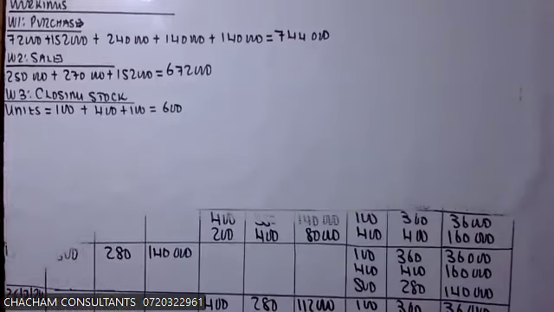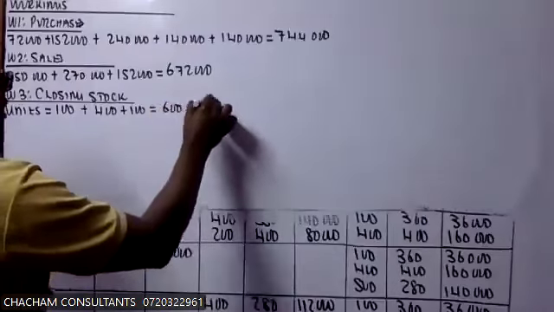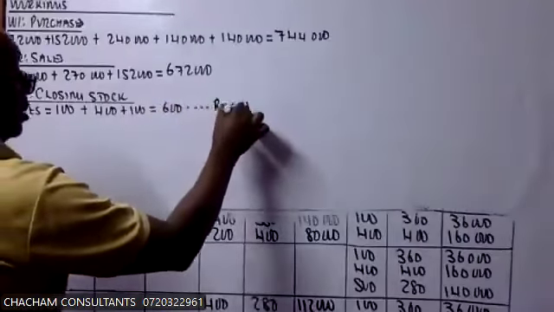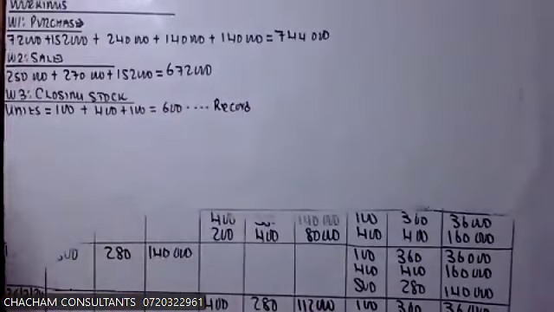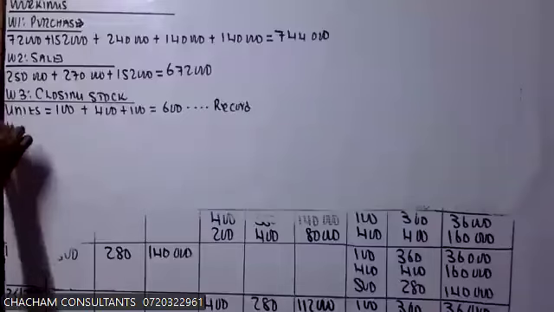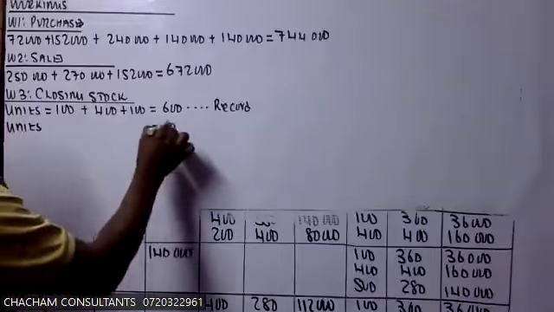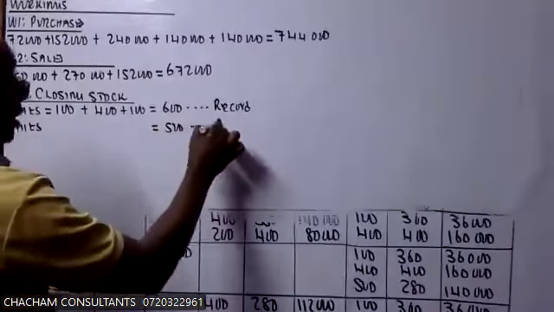So if we were told there were 500, it means this one is what is in the record. Then the units, we are told 500.